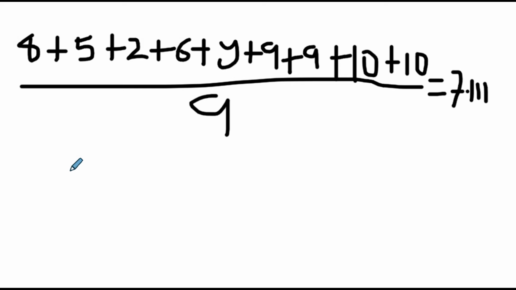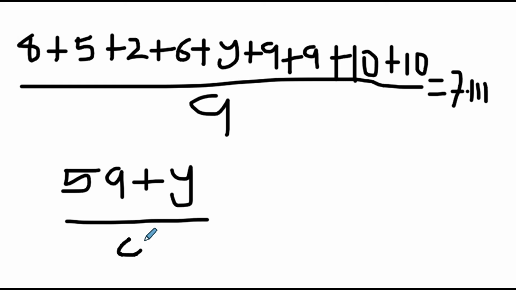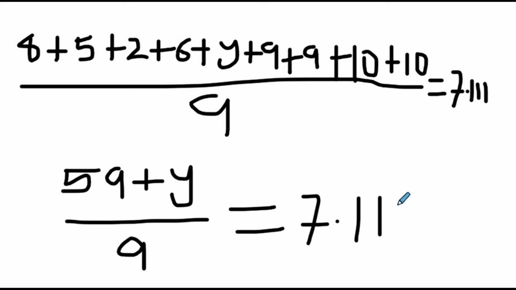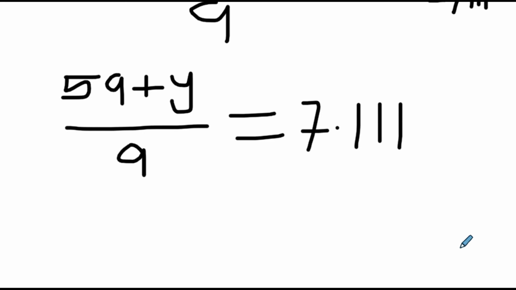It should be 59 plus y over what? 9 equals 7.111. So from this we'll do what? We cross multiply. Mind you, this is all over what? 1.